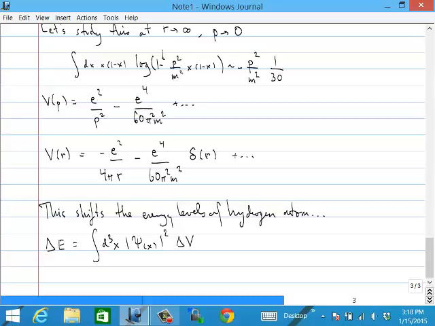So in bra-ket notation, that just says that the change in the energy level at leading order is the expectation value of the change in the Hamiltonian. And now delta V is just a delta function. So that's just e to the fourth over m squared times the value of the wave function at the origin. So the change in the energy level at leading order depends only on the value of the wave function at the origin.